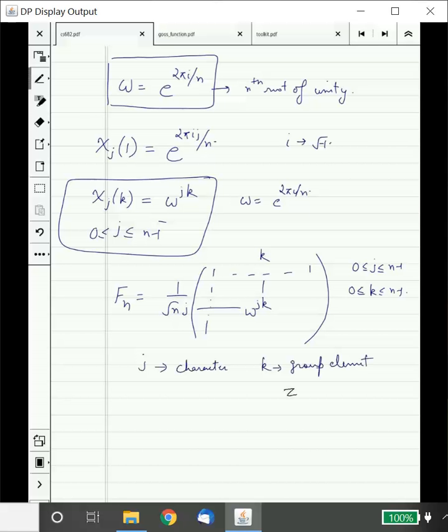This comes from Zn and this will come from Zn hat, which is an isomorphic copy of Zn. It is going to have n numbers. This is how I can think of the discrete Fourier transform. Simply put, this matrix is the Fourier transform over Zn.